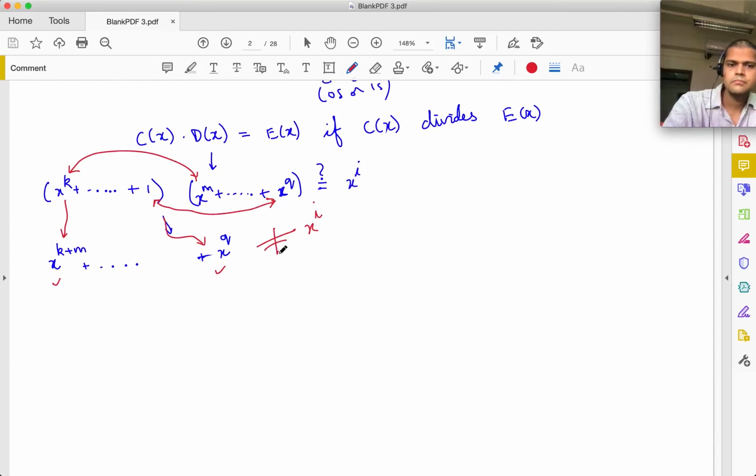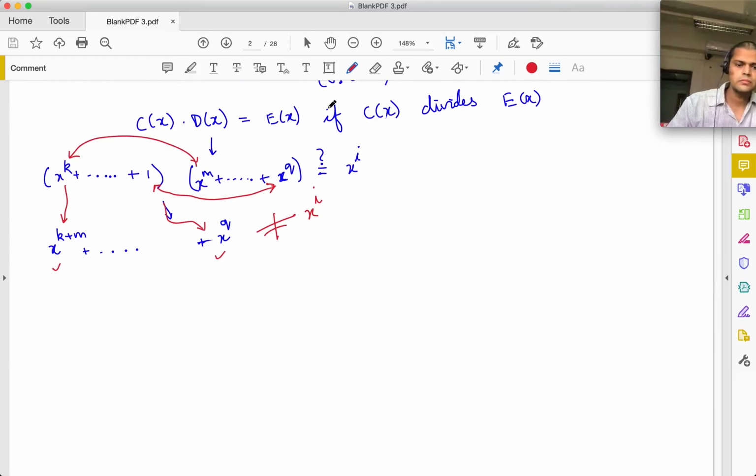So that's what we've ended up proving. And our earlier example was 1101, so it was x cube plus x square plus 1. It did have that particular form, so it will be able to detect single bit errors.